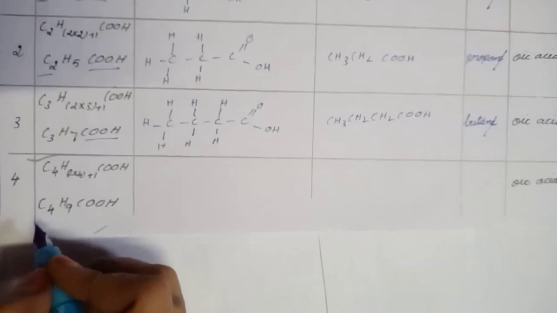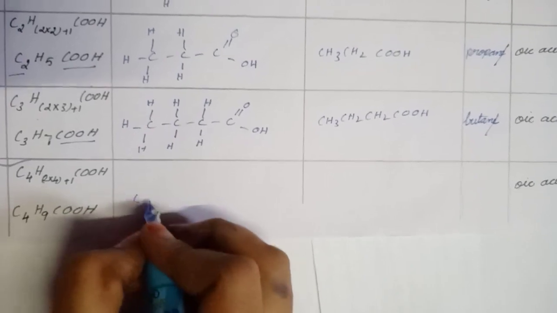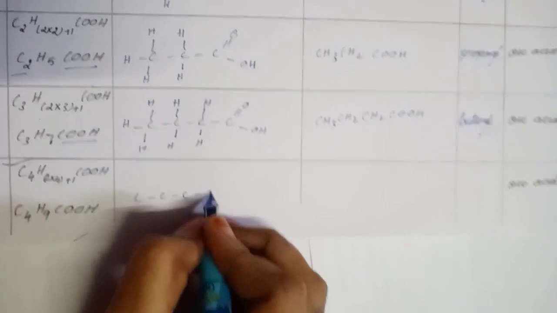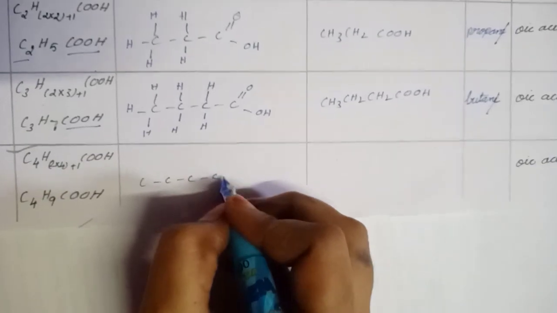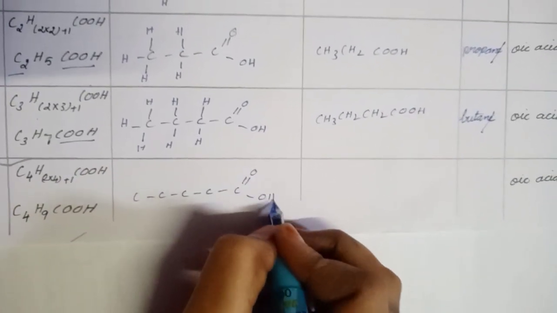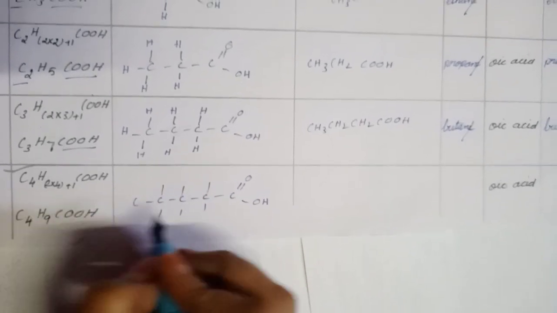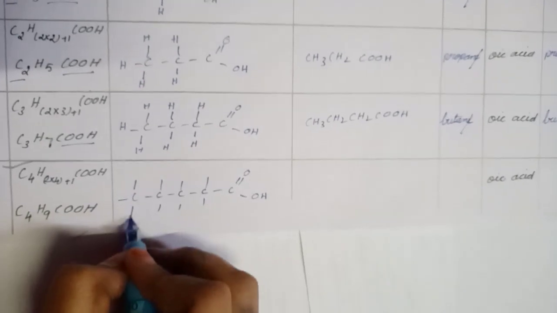Number of carbon 4. Substituting in the general formula, we get C4H9COOH. First convert to the structural formula: C4, that means 4 carbons. Then the structural COOH, that functional group C double bond O OH. Framework: this carbon needs 3 more bonds.